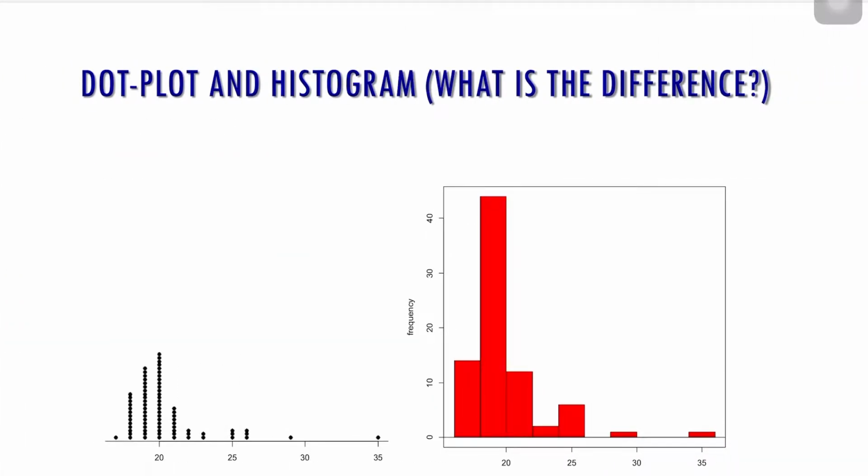For example, we have a dot plot on the left side and a histogram on the right side. It is about age, both of them, the same shape. It shows frequency, and on the left side we have a histogram, and on the right side we have a dot plot.